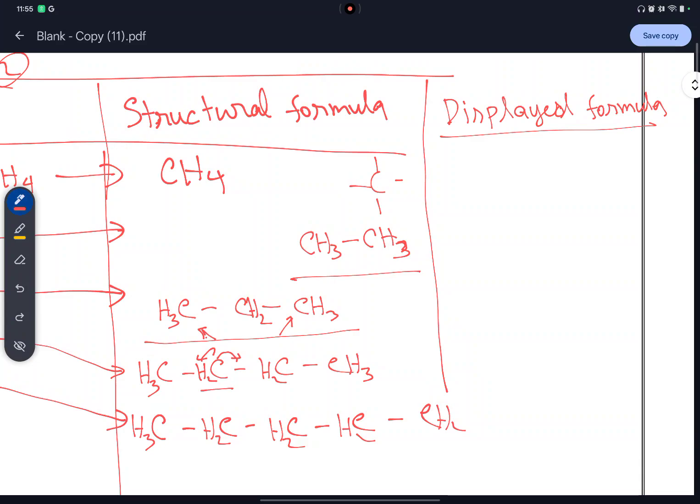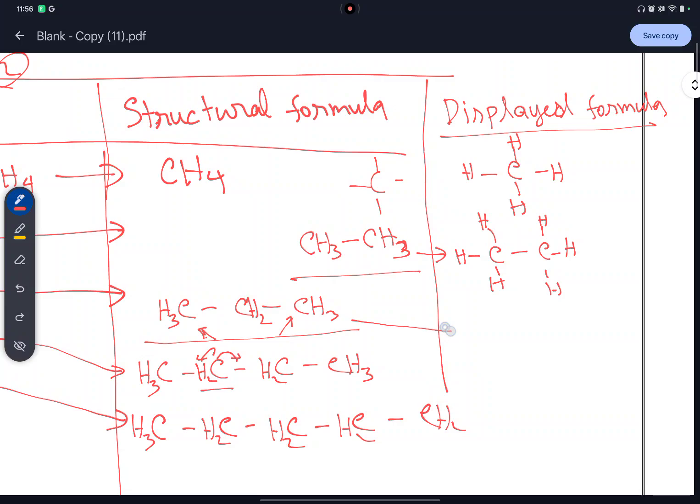Now in displayed formula you have to show the exact number of atoms and exact number of bonds in a compound. For example, in methane, the displayed formula will be like this. Carbon made 4 covalent bonds, and with these 4 covalent bonds it grabbed 4 hydrogens. For ethane it will be like this: 2 carbons, and each of them grabbed 3 hydrogens with 3 covalent bonds.